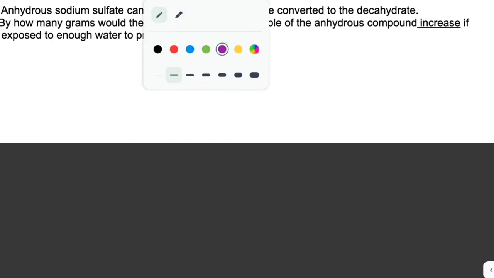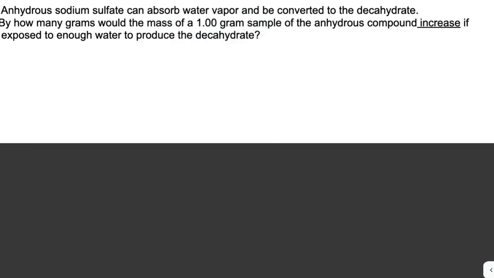So the first thing we do here is we write the chemical reaction. So we have anhydrous sodium sulfate, Na2SO4.